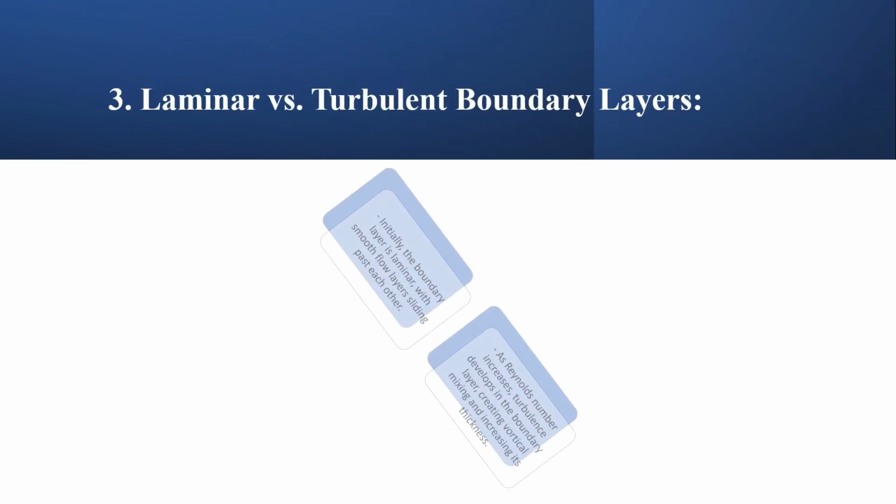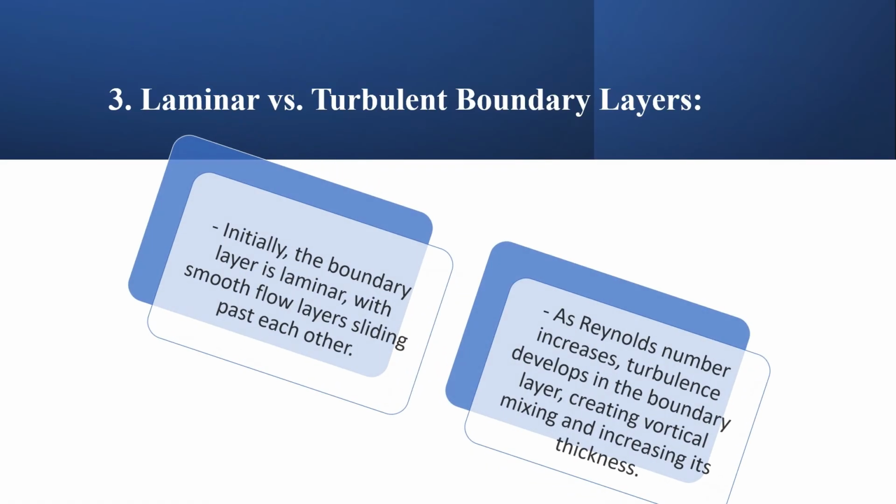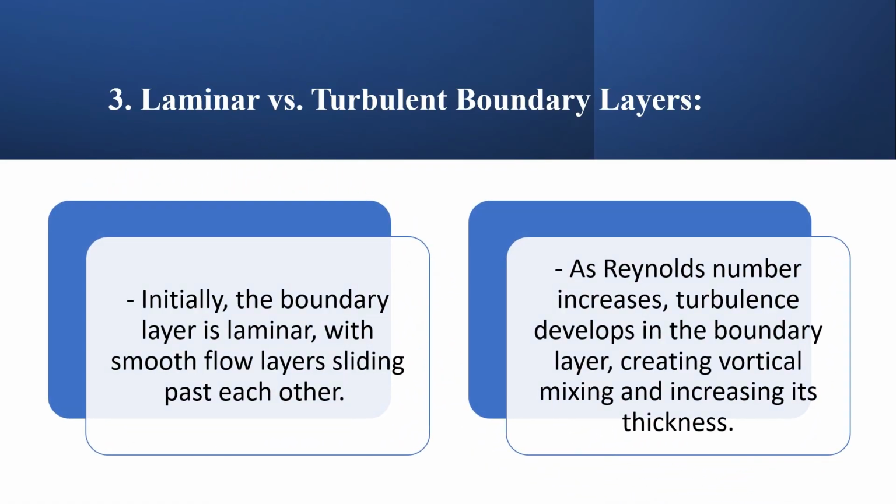At low velocities, the flow in the boundary layer is laminar. This means the fluid layers slide smoothly over each other without significant mixing or disturbance. This results in a relatively thin boundary layer.